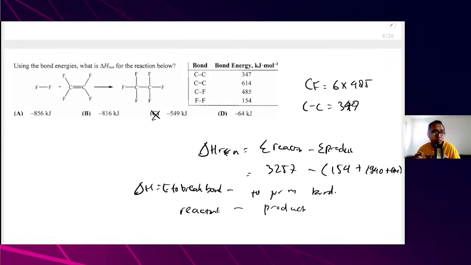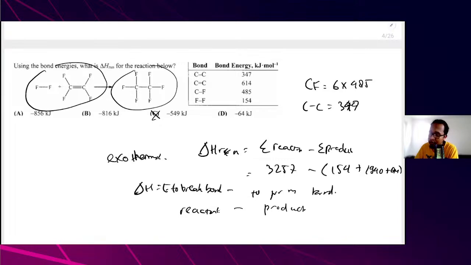If you break weaker bonds than you make, the reaction releases energy, so it is exothermic. Based on this answer, we break weaker bonds to make a stronger bond. This is the stronger one.